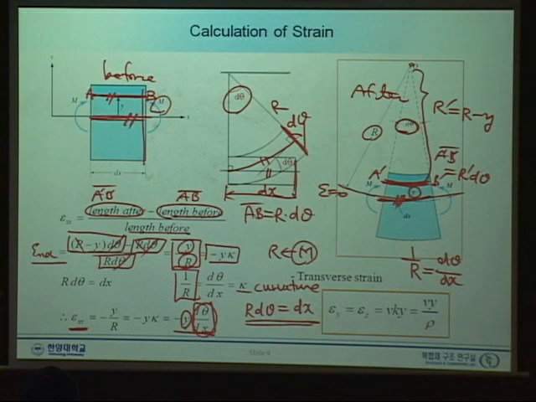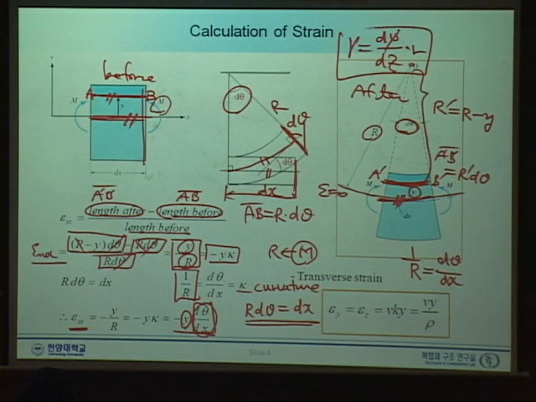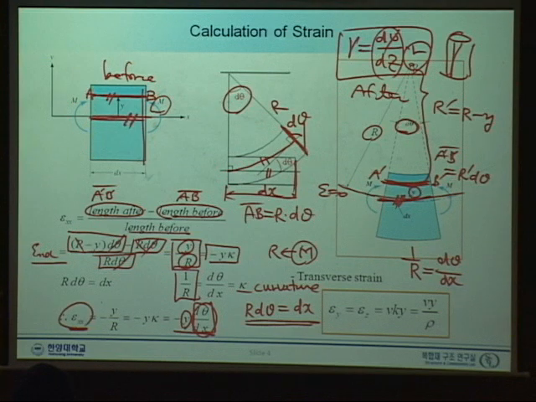Do you remember that gamma equals d phi over dz times r in the torsion case? Well, very similar to that observation. And d phi over dz is the angle of rotation, so the angle of twisting rotation per unit length, and strain is proportional to r. And here, very similar, d theta over dx is along the length.